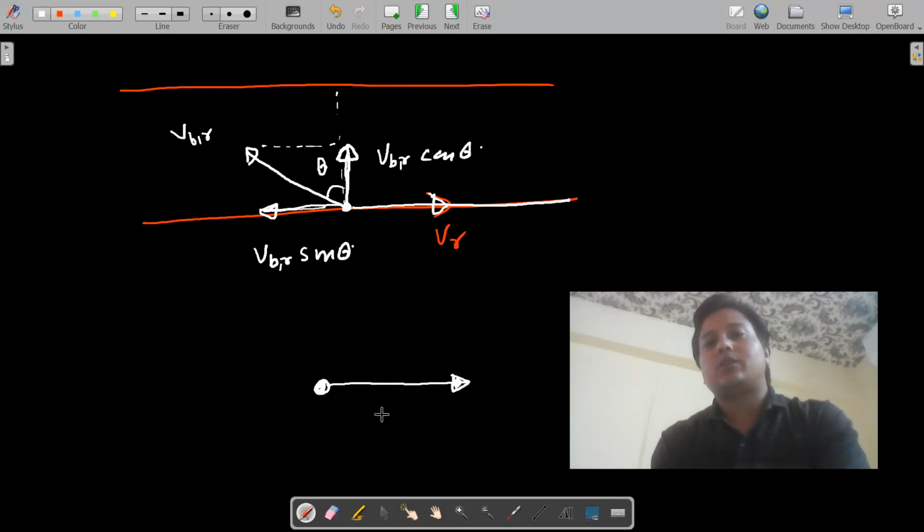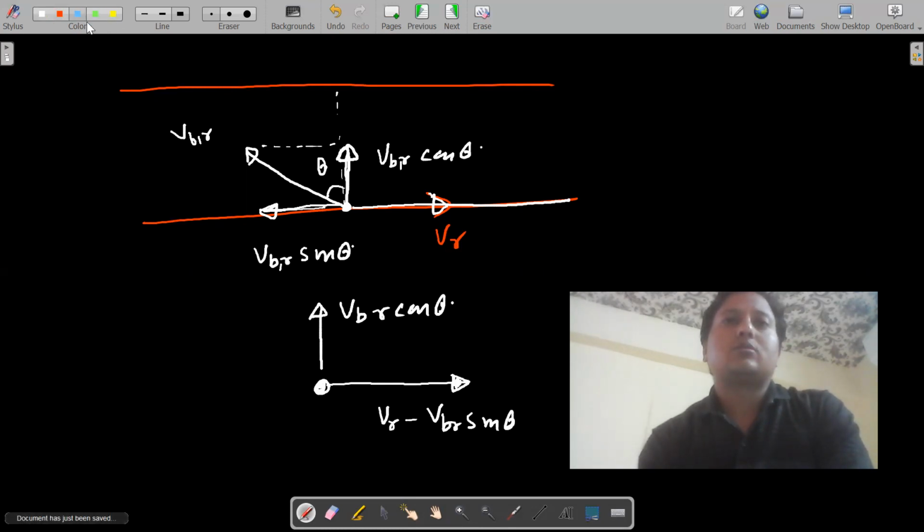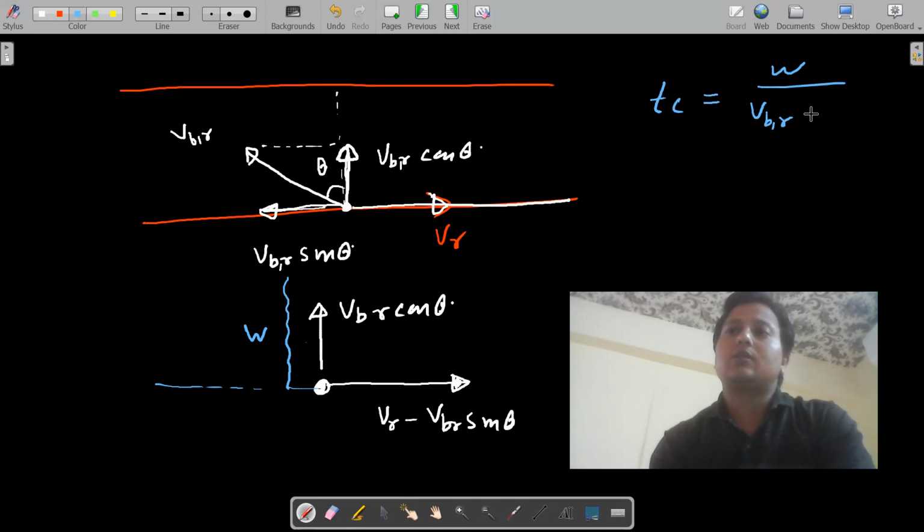Overall, the resultant component along the bank is Vr minus VBR sin theta, and the perpendicular component is VBR cos theta, and this VBR cos theta provides the speed required to go across the river from one side to the other. Suppose the river width is W. Then the time of crossing is W upon VBR cos theta.